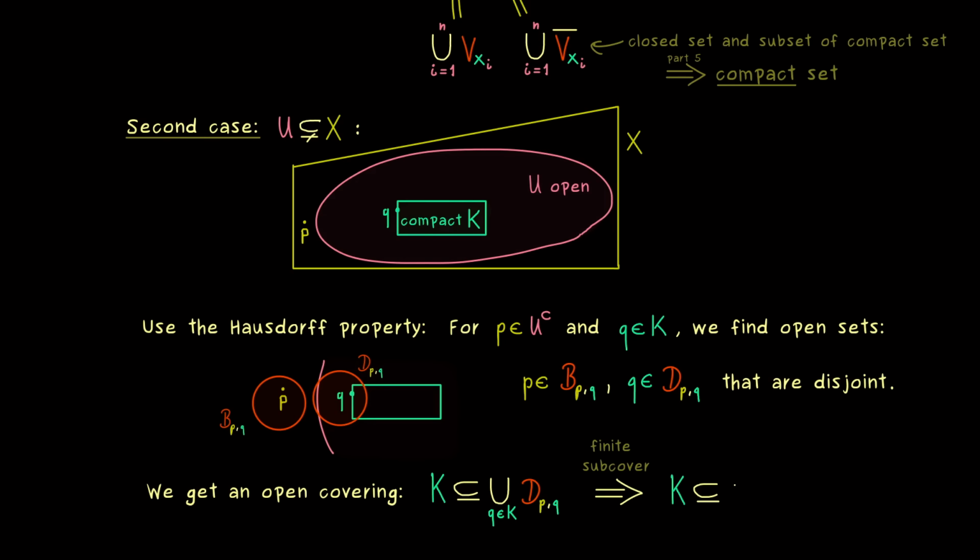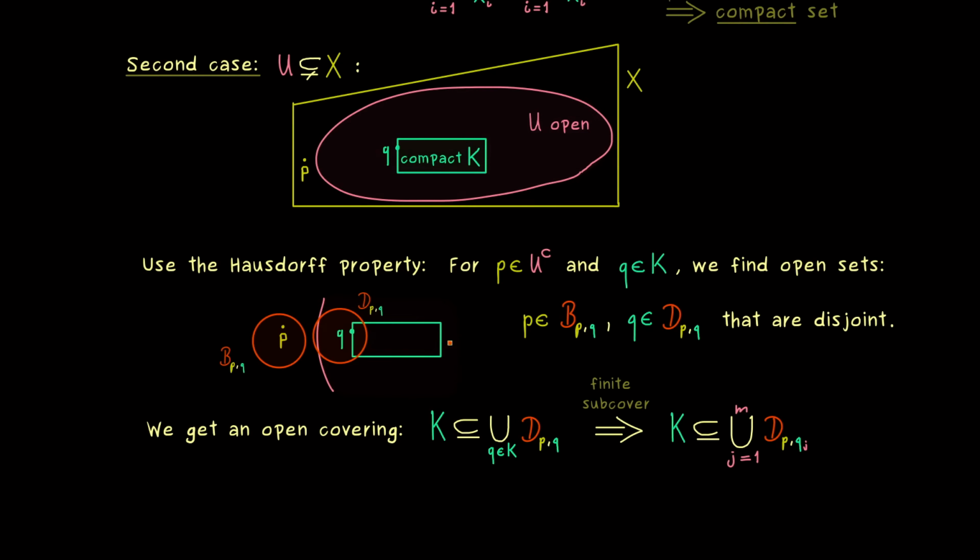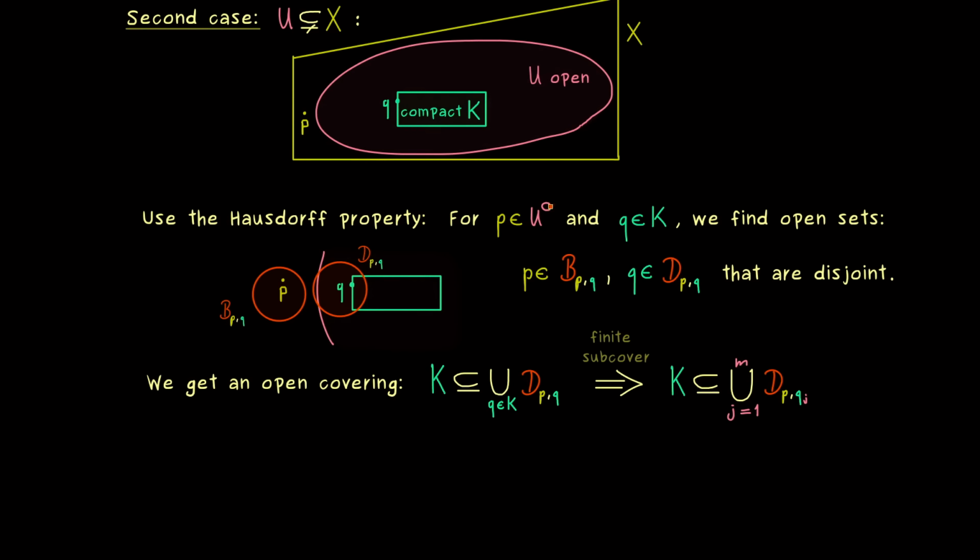So this is not so complicated, we can just enumerate finitely many points again, and let's say we go from 1 to m. So we have finitely many points in K, and we call them Q_j. And this also implies that we can look at finitely many neighborhoods of the given point P in the complement of U. In fact, what we can do is to look at the finite intersection of these open sets.